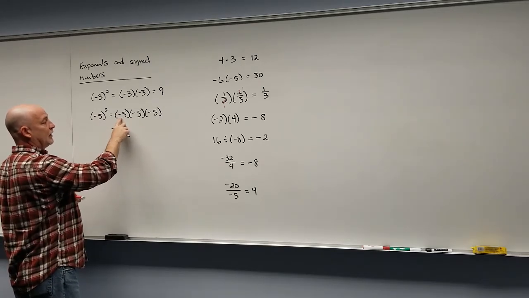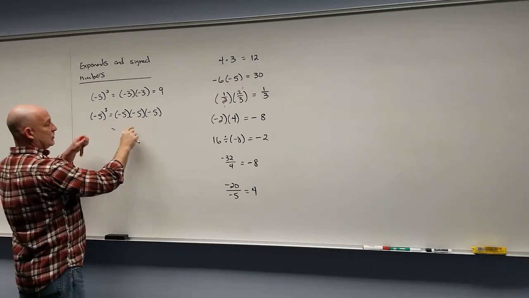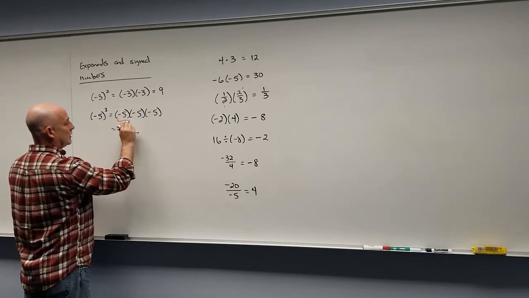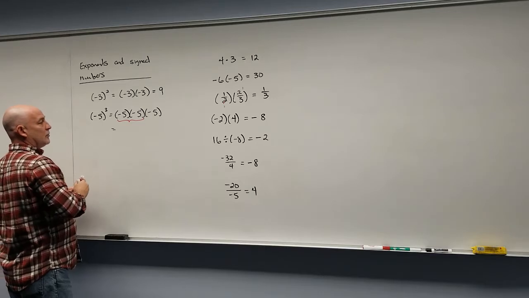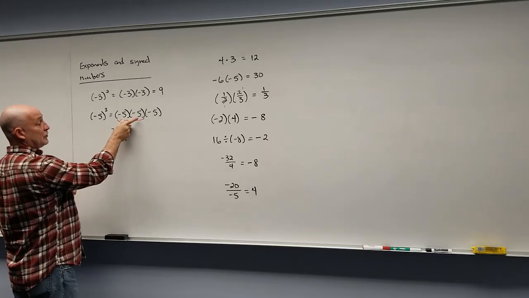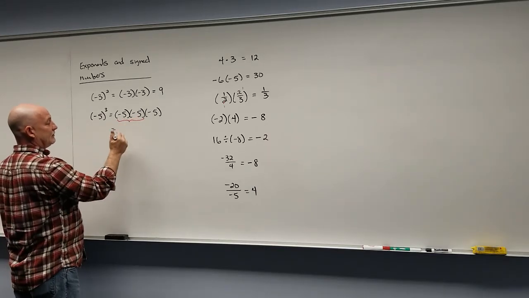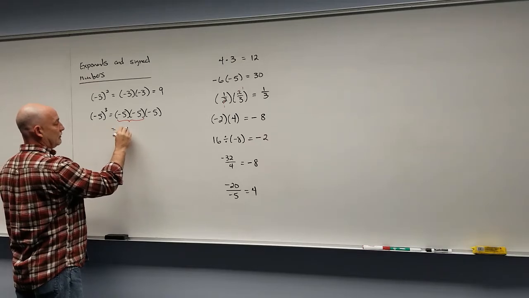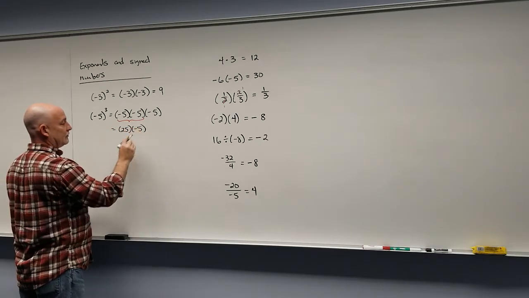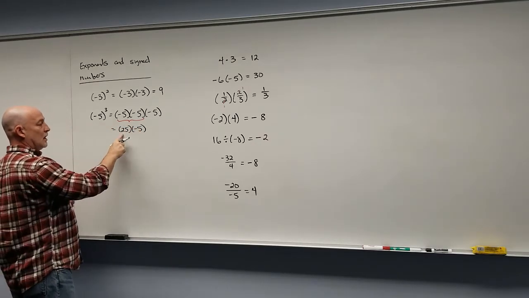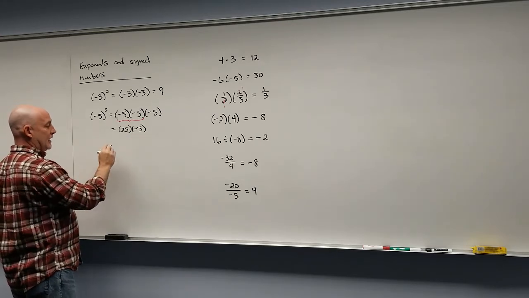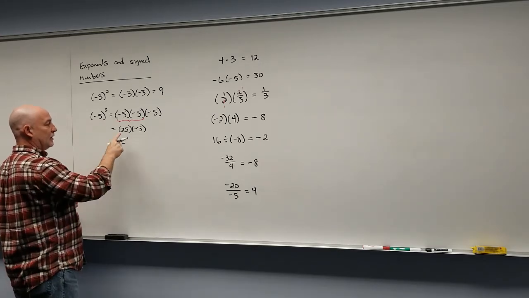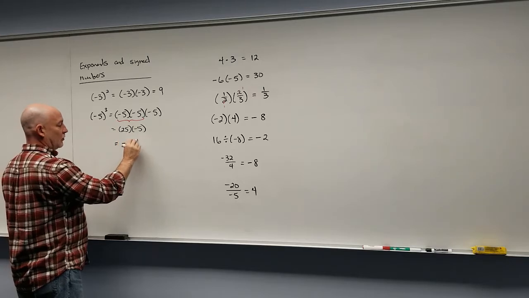So with -5 times -5, these two, here's what I'm doing first. These two, they're both negative, so the answer to this multiplication is going to be positive. 5 times 5 is 25 times -5. Now we have a positive times a negative, so we know our answer is going to be negative. And 5 times 25 is 125, so the answer is -125.